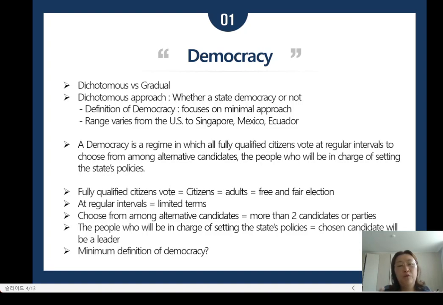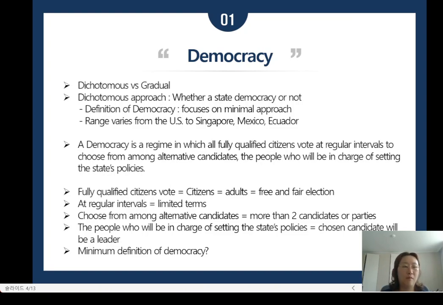And then the people who will be in charge of setting the state's policy. That means, if there was an election, and we choose A over B, then A should be in charge of setting the state's policy. So for instance, we select A, but A doesn't do anything, and B is doing something.